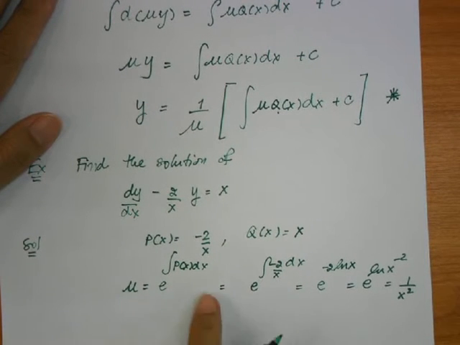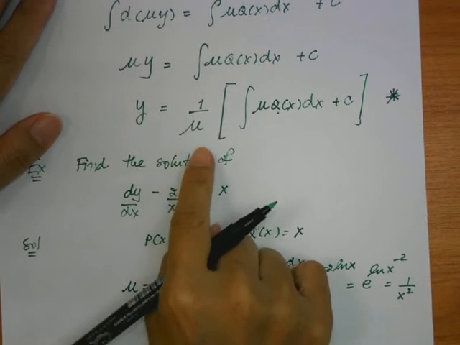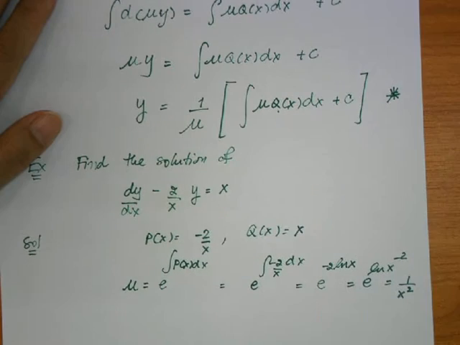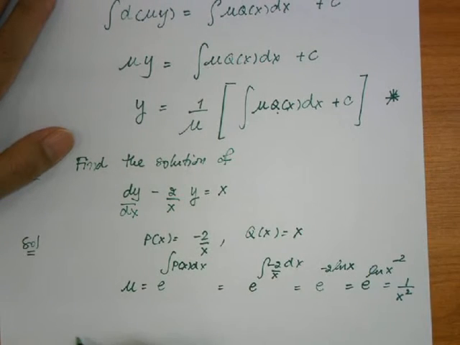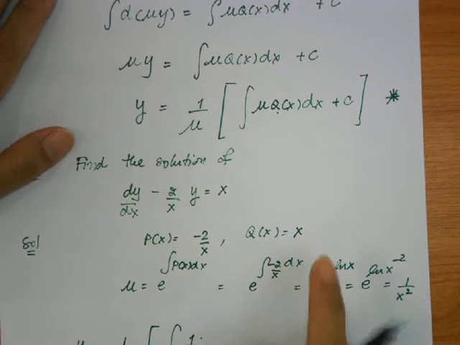Then you just plug the integrating factor and q(x) into this formula. You would get y is equal to 1 over x squared times the integral of 1 over x squared times your q(x), which is x.